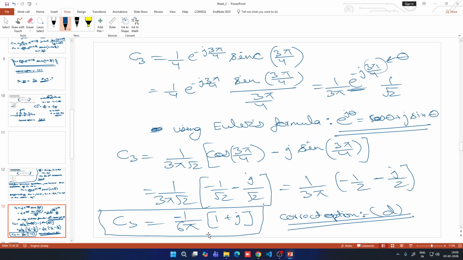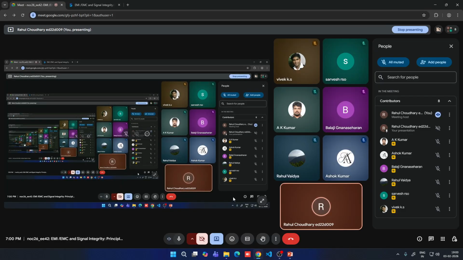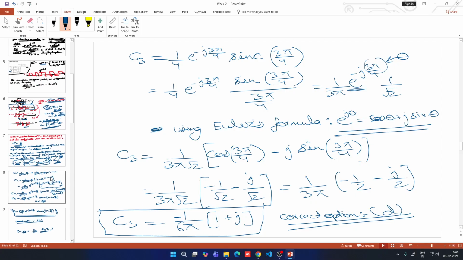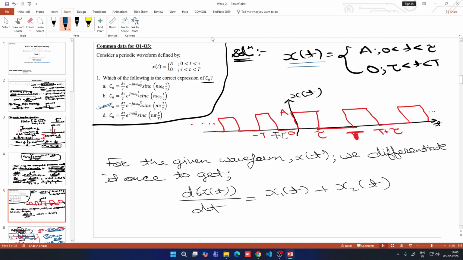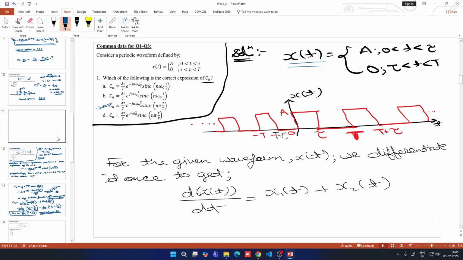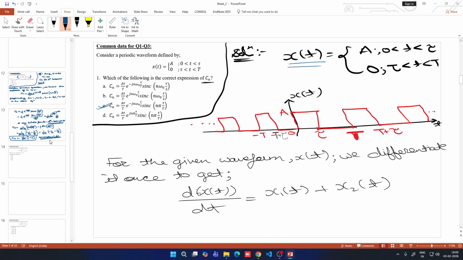So I hope this is clear. If you have any doubt in this, please let me know. I can go through it once again if you have any doubt in the calculation or any part of the problem. Because questions 1, 2, 3 have the same signal x of t, if you have any doubt in questions 1, 2, 3, please let me know.